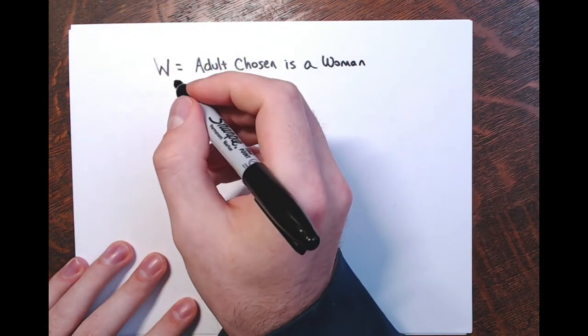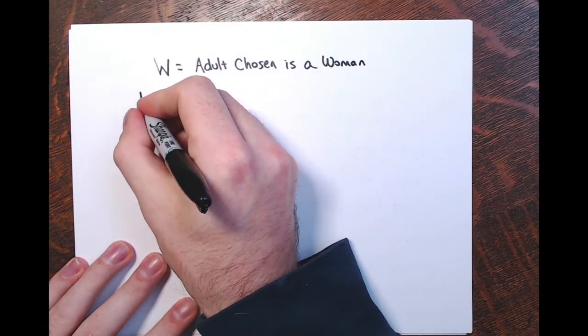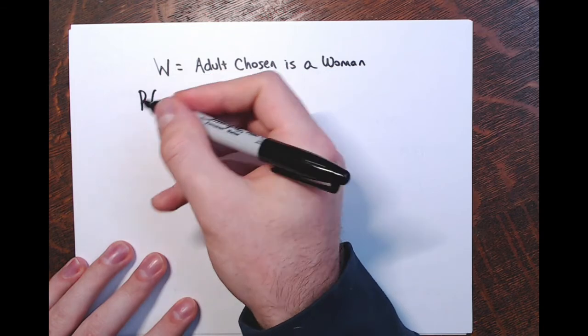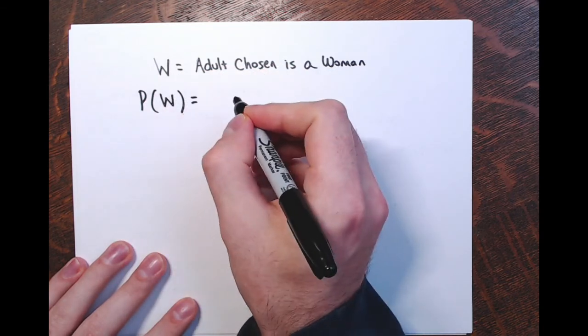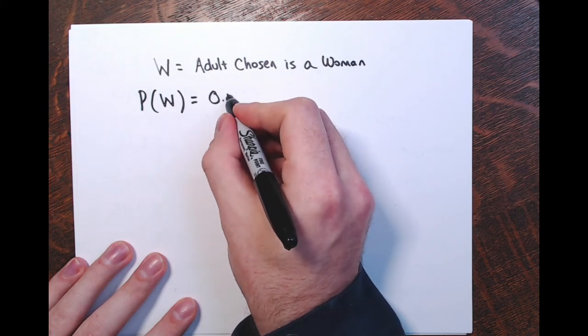And we were told that the probability that a randomly chosen adult is a woman, so the probability of W, is 0.51. Right? This was in the problem.